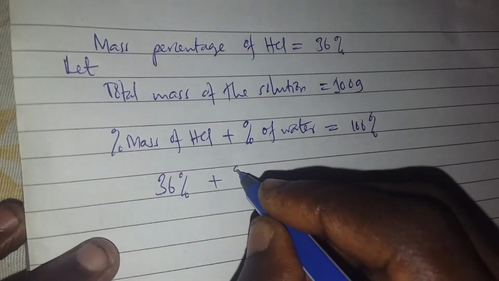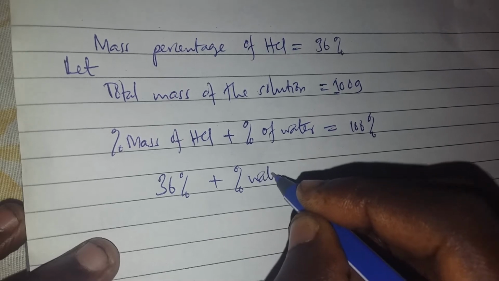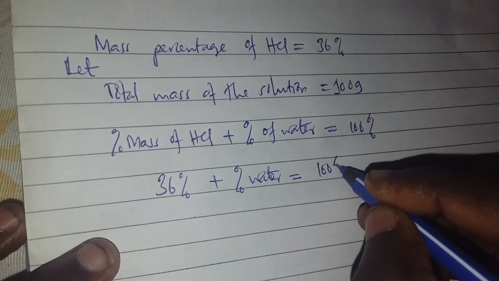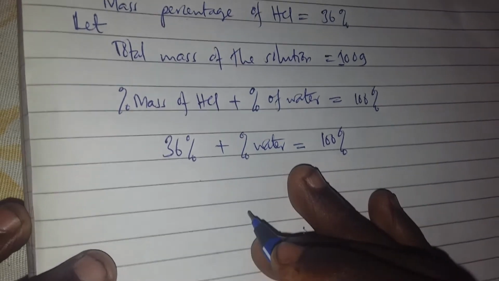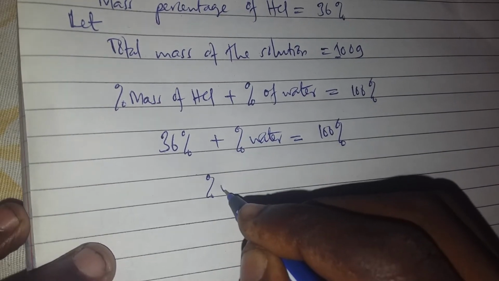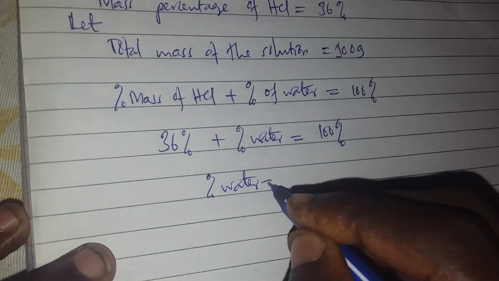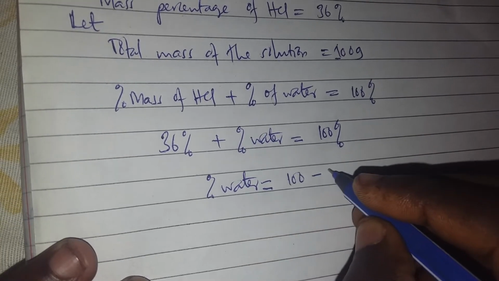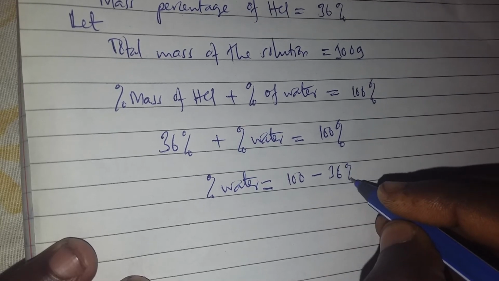Now, mass percentage of water we don't know, will be equal to 100 minus 36%.